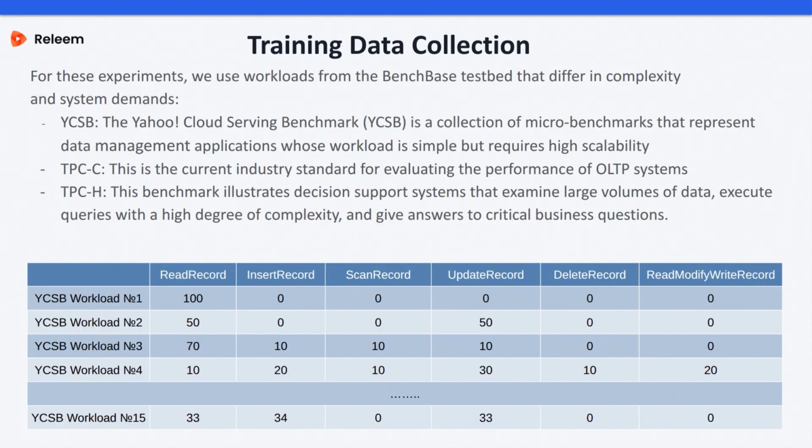As discussed, the platform needs datasets that cover varied combinations of configuration variables. Otherwise, each tuning session becomes a first-time application, and the platform cannot reuse prior knowledge. This means we must seed the repository with initial data. For these experiments, we use benchmark-based workloads that differ in complexity and system requirements. We also evaluate different variable configurations.